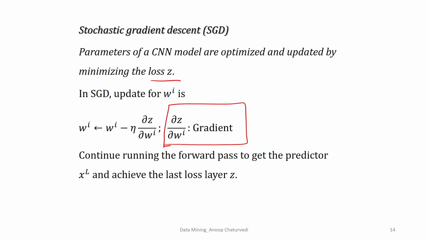And then we continue running the forward pass to get the predictor XL. And ultimately, we also achieve the last loss layer Z.